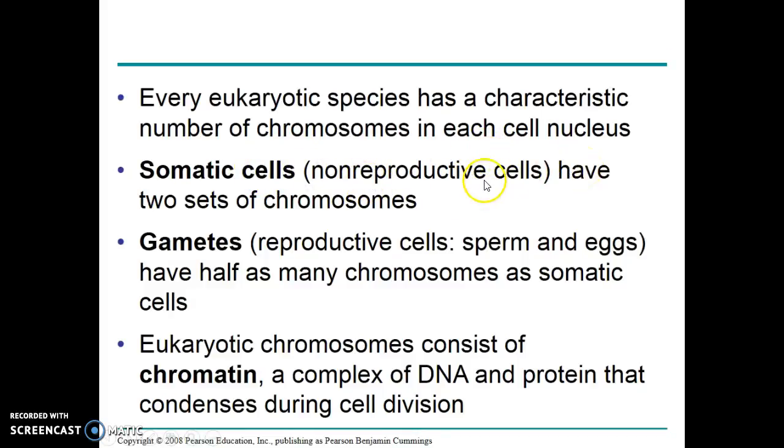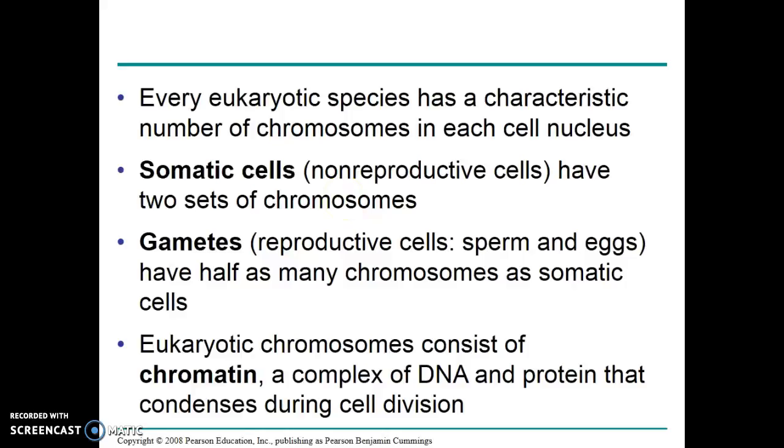They have two sets of chromosomes, meaning 46 chromosomes: 23 chromosomes from the mom and 23 chromosomes from the dad. That's where they get two sets, or two pairs, of chromosomes.